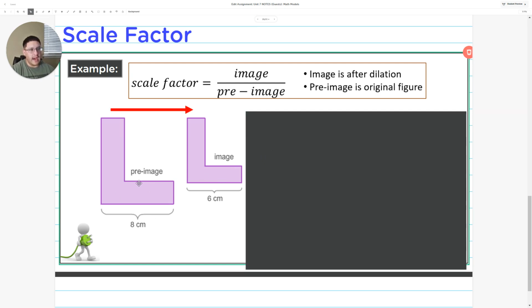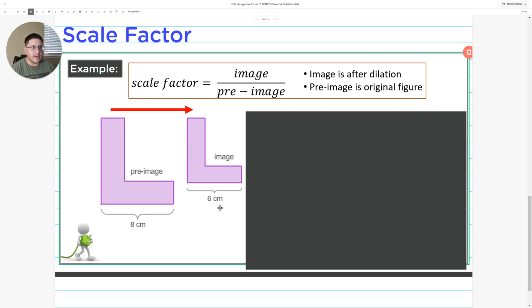One of the sides of the pre-image, which again is the original image, the original figure, is 8 centimeters. And I want to change that measurement to where it is now 6 centimeters. I want to make sure that the proportions to the new image all stay the same. So I have to be consistent with how I downsize it. How do we do that? We do that by using something called a scale factor.